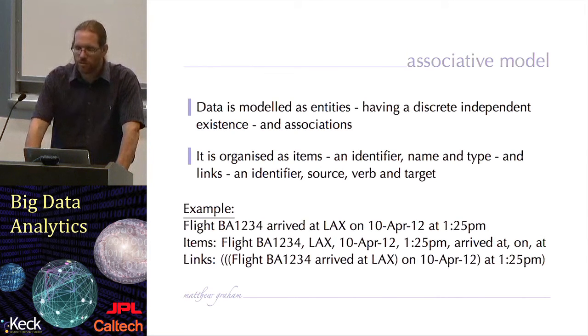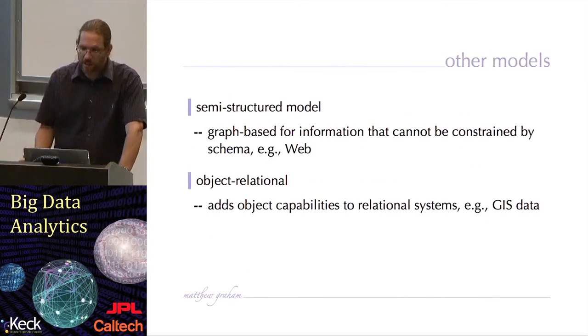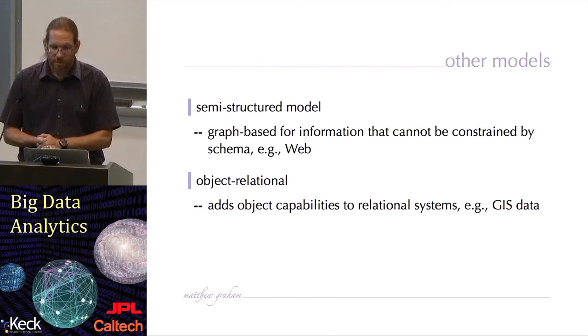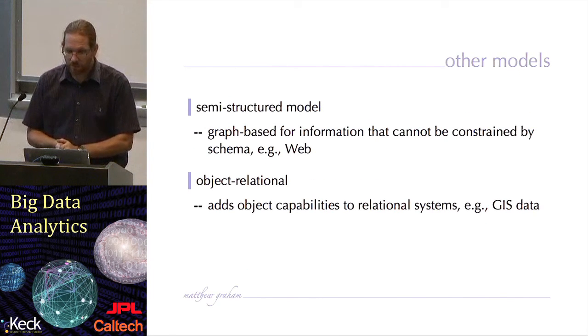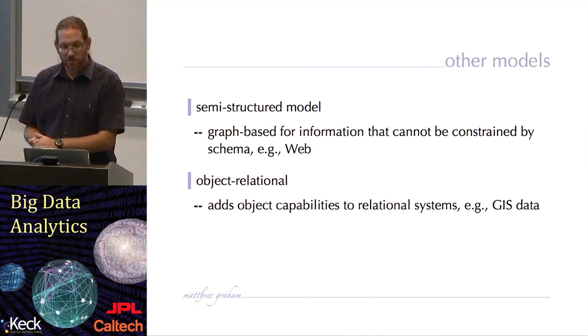This is quite similar to the way a lot of the web works, and you can consider the web to be an associative data model in some contexts. Other data models that we aren't really going to talk about, but you may be interested in, are semi-structured models.